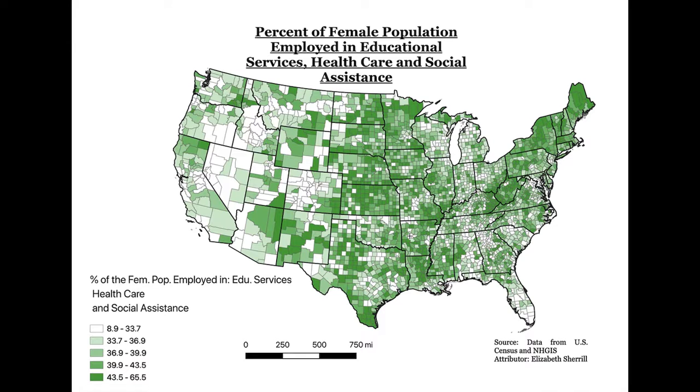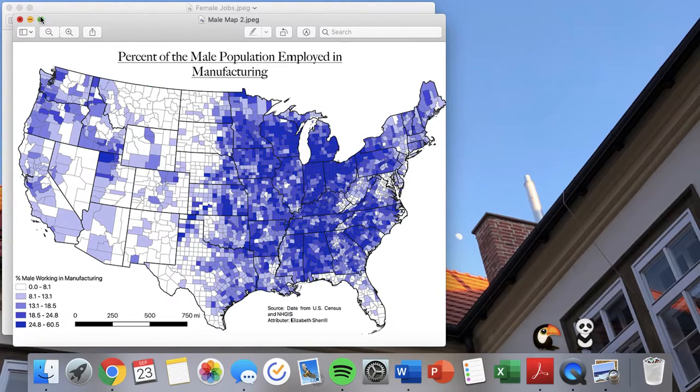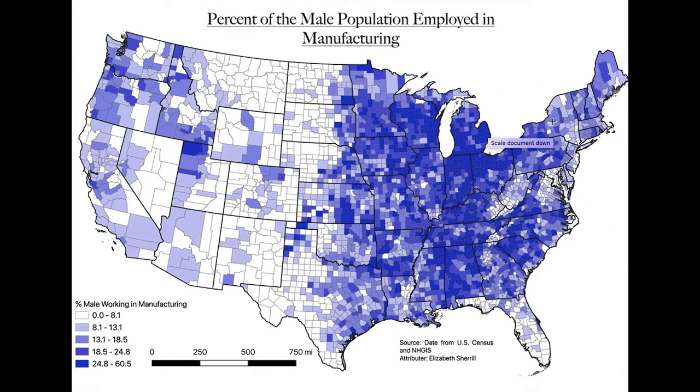What are some patterns you see in each map? So for the male map, I could see a pretty clear pattern that there are more men working in manufacturing in this eastern, northeastern part of the United States, particularly in Michigan, Ohio, and Indiana, but mostly all along here.